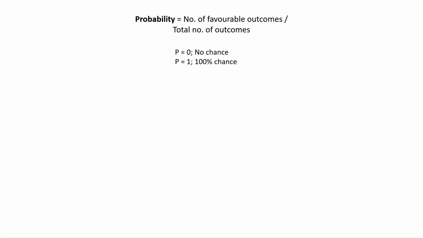0 means no chance and 1 means 100% chance of the favorable outcome coming. First, let's understand how to calculate probability with a simple example which all of you might have heard: what is the probability of a girl child or a boy child coming? Here, the total number of events is boy and girl, that is 2. So the probability for a boy to come will be 1/2 because we want a boy.